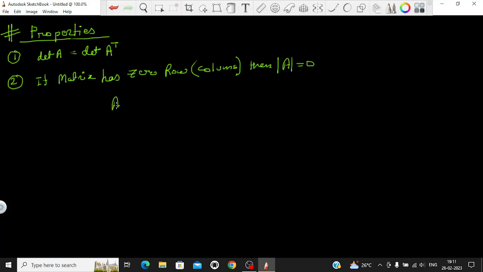Suppose, consider for example matrix A, which is 1 2 and 0 0. So in this matrix, one row is 0. So the determinant of this matrix will be 0, because it has a 0 row. Or if any matrix has a 0 column, then again it will have 0 determinant. So this is the property.